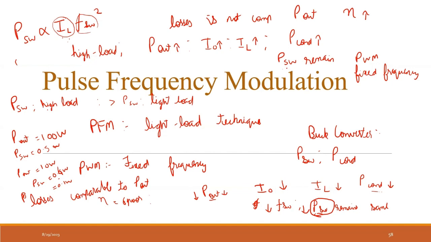If the losses are still quite high compared to when they are actually in use, then it is draining my battery unnecessarily, even though it is not required. So they use pulse frequency modulation, constant on time control, and certain techniques to reduce these losses at light load.